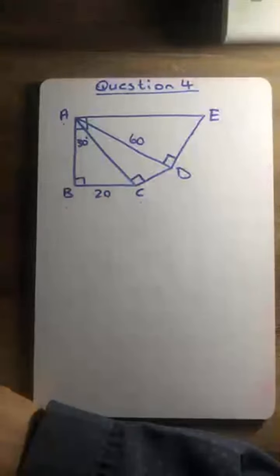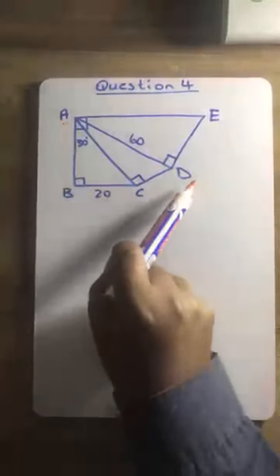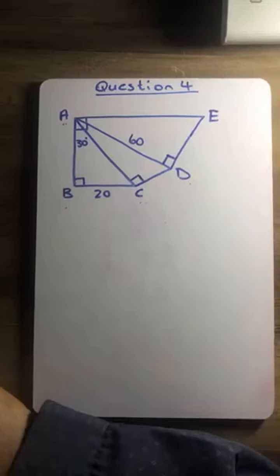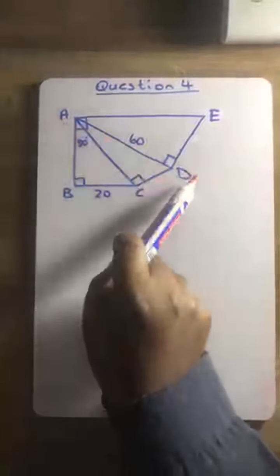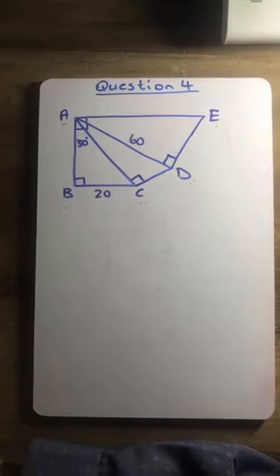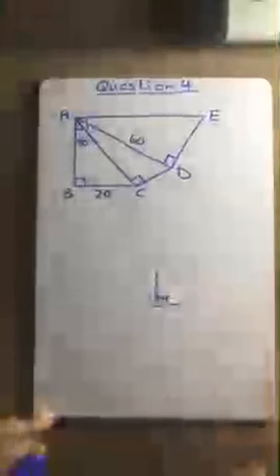And they are saying A, C, D. There's A, there's C, and then there is a D. And A, D, E. There's A, there's D, and then there is E. They are saying these three triangles are right-angled triangles. How do we know a right-angled triangle? It is that triangle that has a 90 degrees inside.